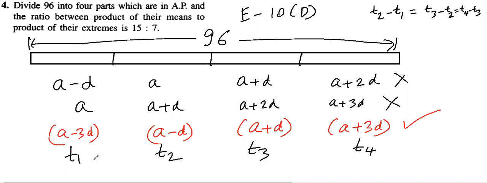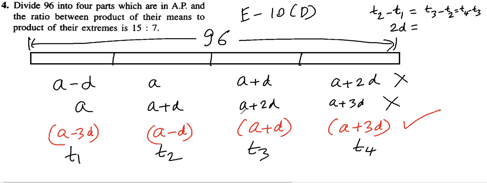Now see, T2 minus T1: A minus A will get cancelled, and minus D, minus of minus 3D means plus 3D. So plus 3D minus D, I will get 2D. So here I am getting 2D. Similarly in T3 minus T2, this A and this A will get cancelled, this plus D minus of minus D will be plus D again.